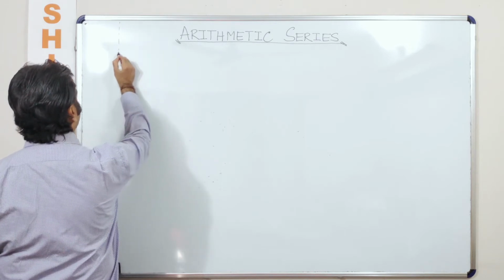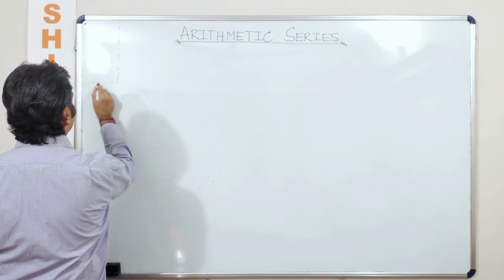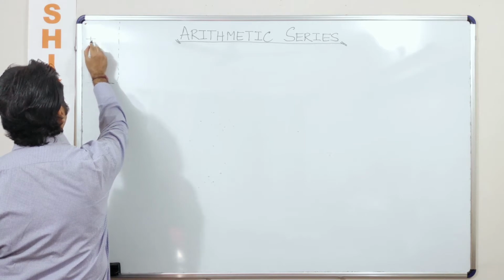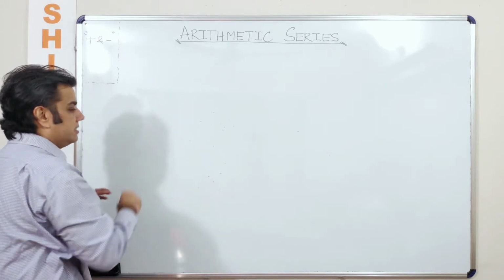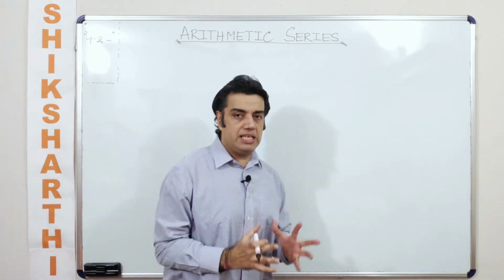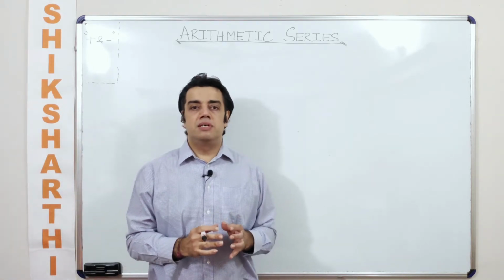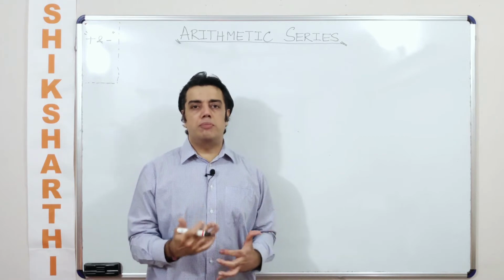Now when I say arithmetic series, the name itself says that most of the time you will see that we'll be using operators like plus and minus only. I repeat, you will see that the series is basically formed with the help of a comma in between.